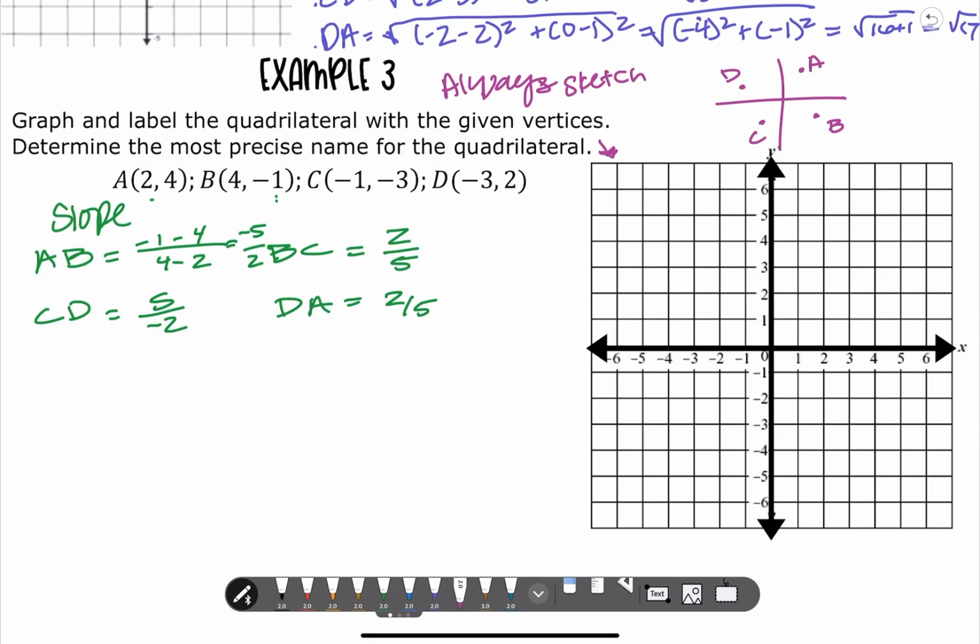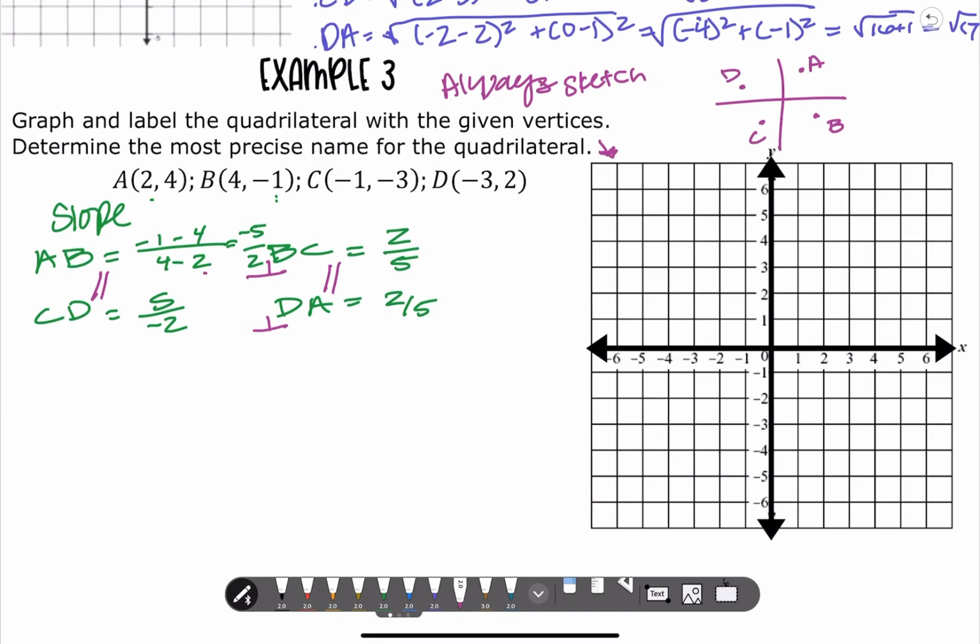Okay, so what I noticed is that these two are parallel and these two are parallel. And now AB and BC and CD and DA were opposite reciprocals because it's flipped and you switch the signs.